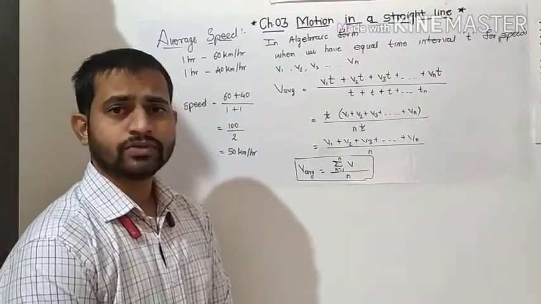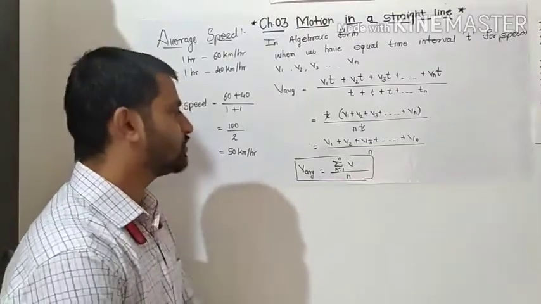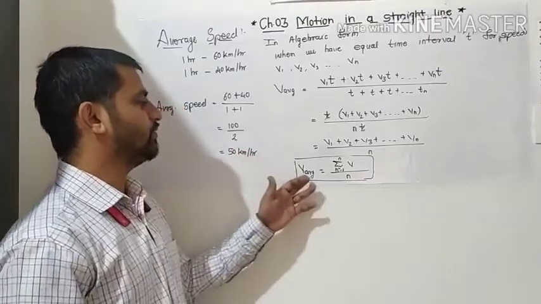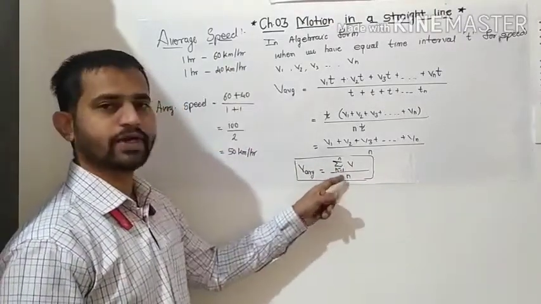If we consider this equation in this case, then we will get v average equal to summation of v, that is 60 plus 40 upon number of time intervals 2.